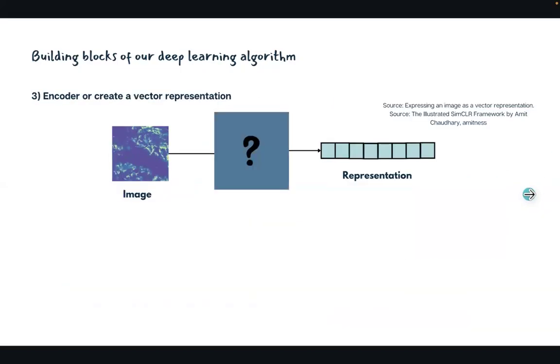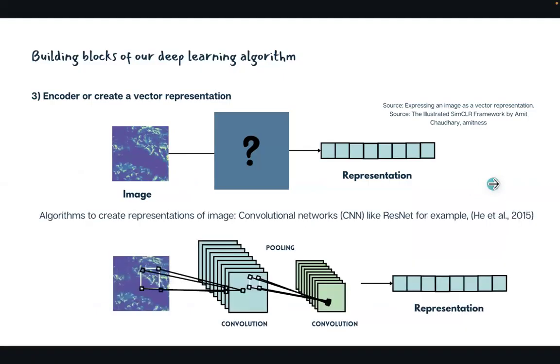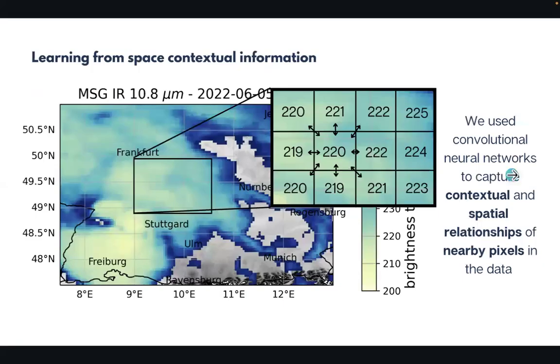So what else do we need? We need an encoder. That is something that creates a vector representation of an input image. And for us, the encoder was basically a convolutional neural network, like ResNet, for example. If you're curious to know what we are using, that's the reference you can check. Why convolution and nothing else? Because convolutions have the property to be able to capture the contextual and spatial relationships between nearby pixels in the data.